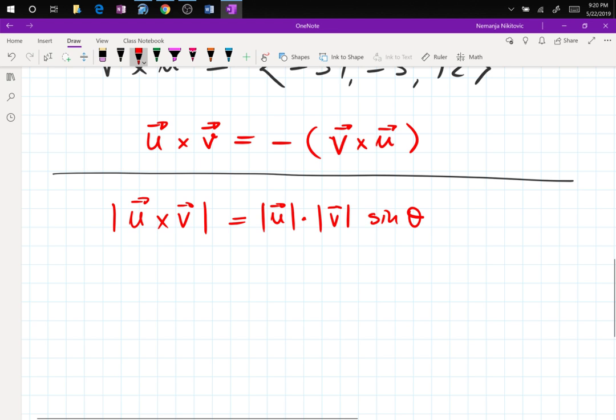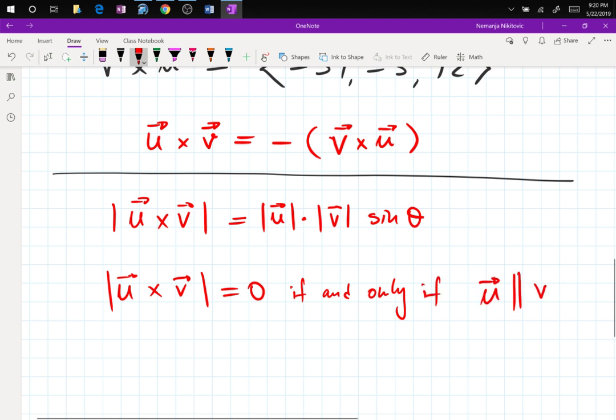And now, when magnitude of u cross v is equal to 0, u and v are parallel, if and only if u is parallel to v.